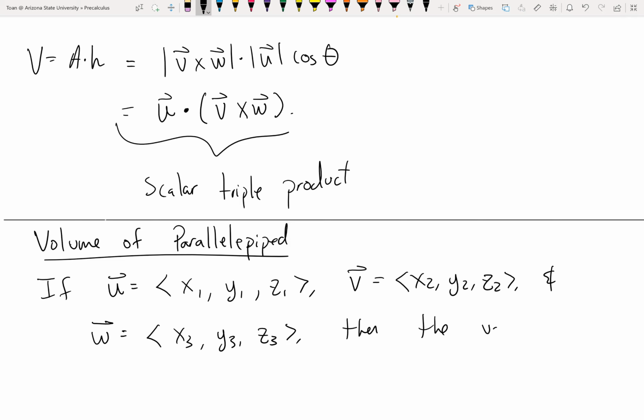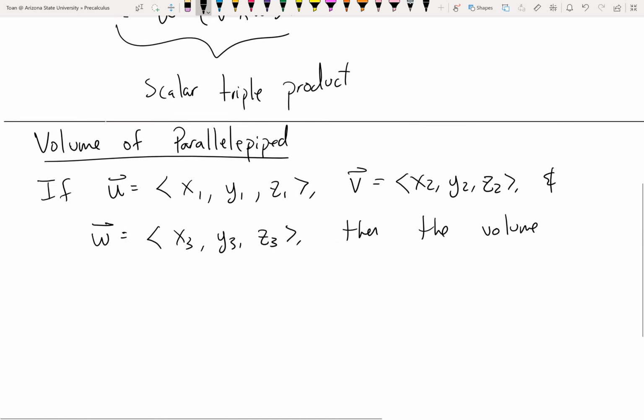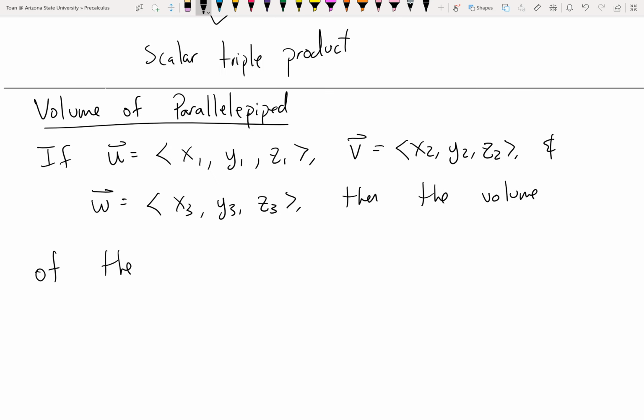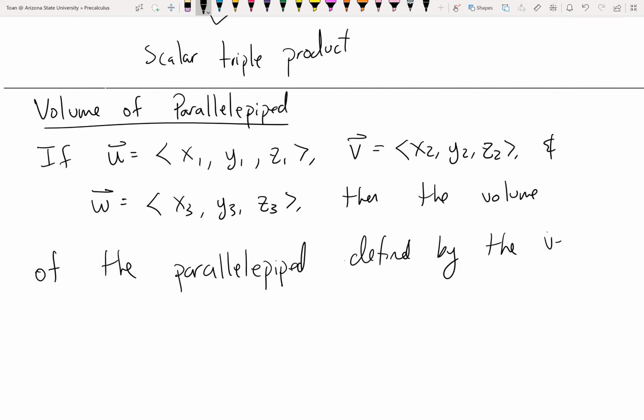Then the volume of the parallelepiped defined by the vectors can be found by the triple scalar product, or scalar triple product.